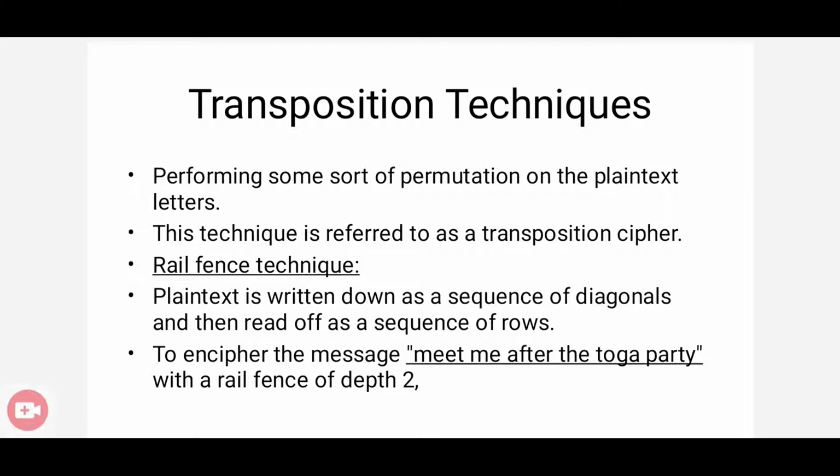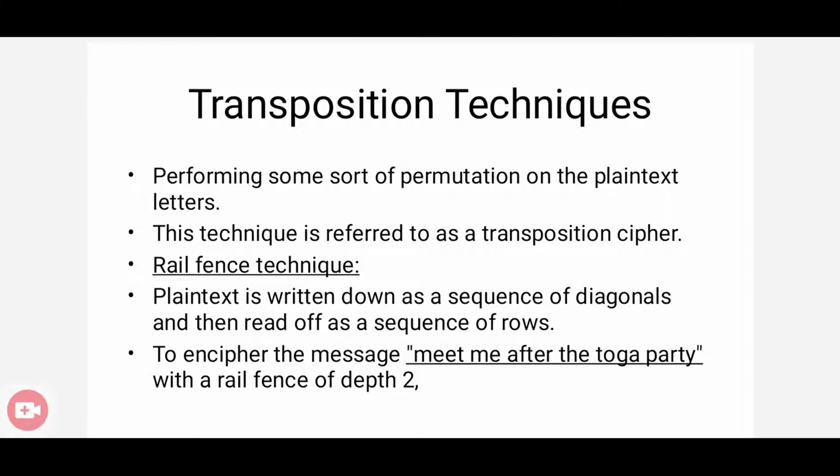That is the original message or plain text that we have to encipher or encrypt. In rail fence of depth 2, we are taking two letters at a time. Why? We are using a rail fence technique with depth 2.